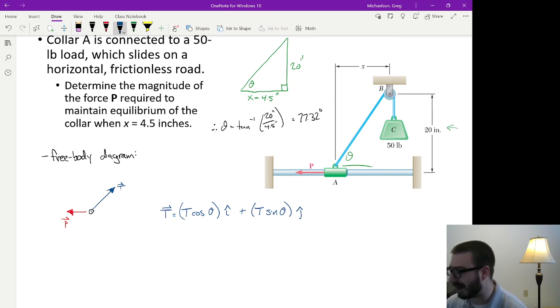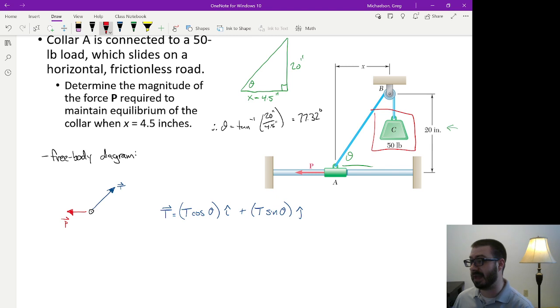Now, in terms of the magnitude, it should be pretty apparent from our diagram that the tensile force in the cable or in the rope is 50 pounds. Because when we look right here, we have a 50-pound weight hanging off of the end of the cable.